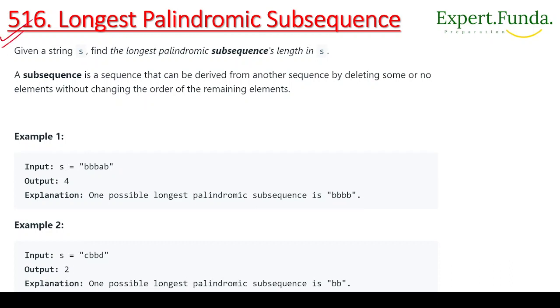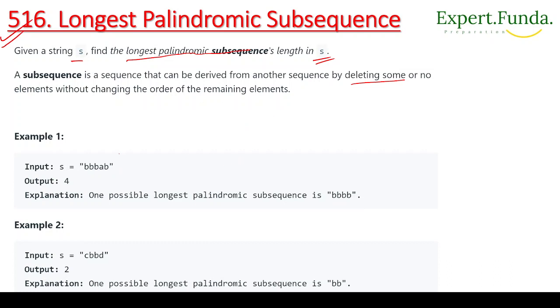So the question we have is 516, longest palindromic subsequence. We are given a string S, and we have to find the longest palindromic subsequence in S. A subsequence is a sequence that can be derived from another sequence by deleting some or no elements without changing the order of the remaining elements.